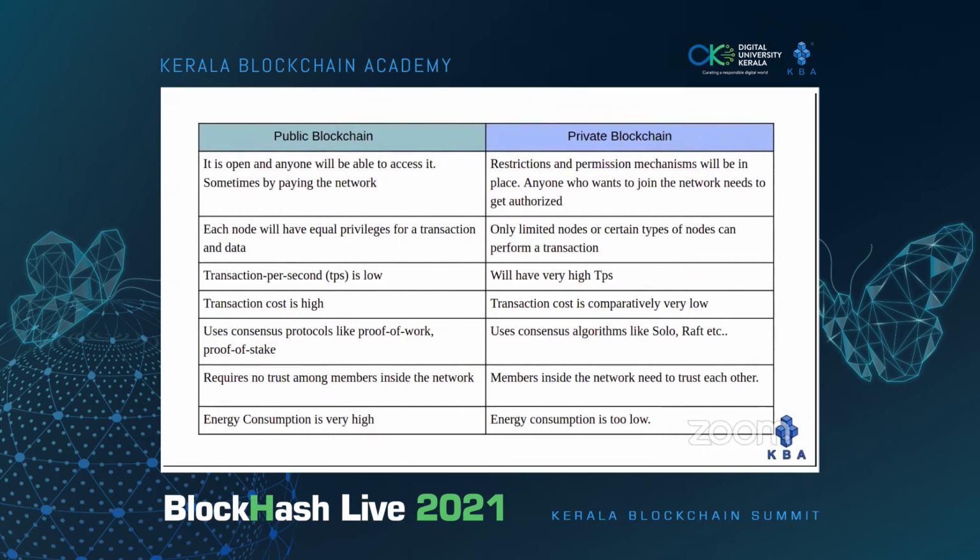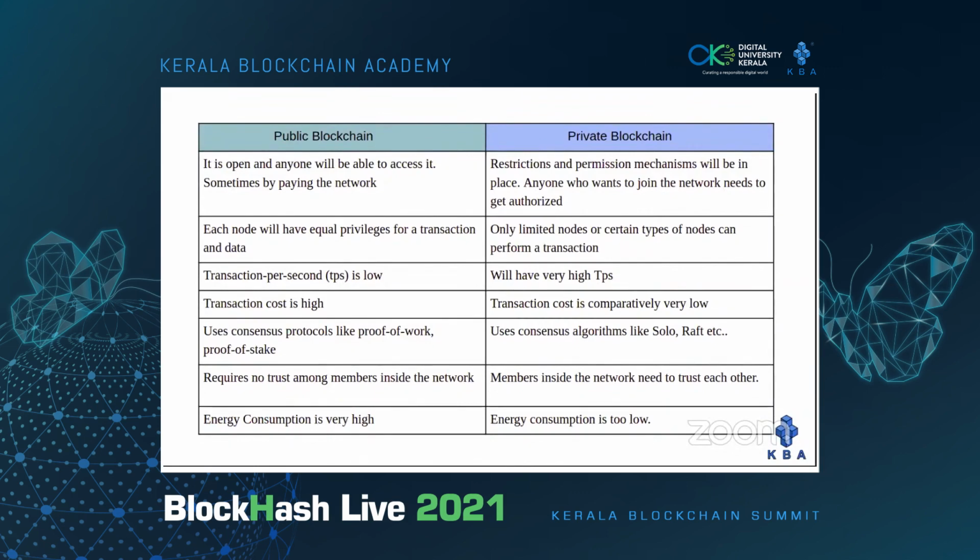Proportionately, they consume more electricity as well, right? Indirectly, everything comes down to that. In private blockchain, energy consumption is too low, and it is as good as the energy consumed by a centralized database, right?